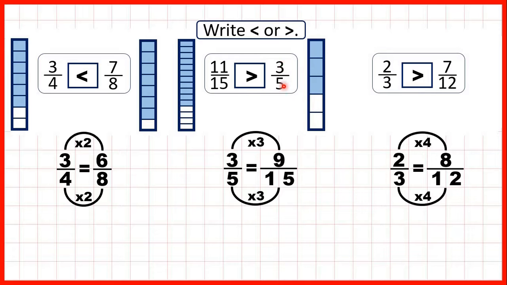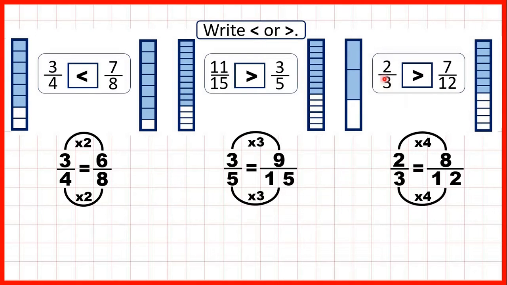We changed 3/5 into 9/15, so we could see that 11/15 was the larger fraction. Last, we had 2/3 and 7/12. We saw that 2/3 was equivalent to 8/12, so we knew that 2/3 must be the larger fraction.